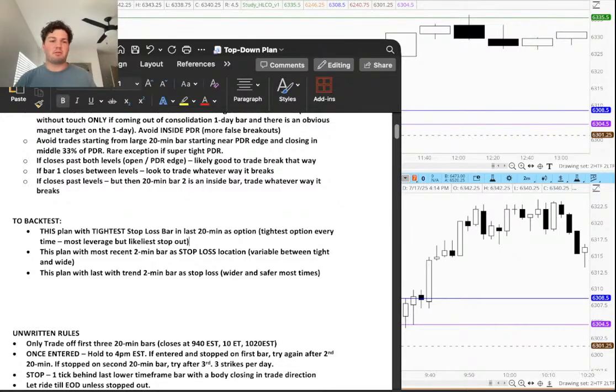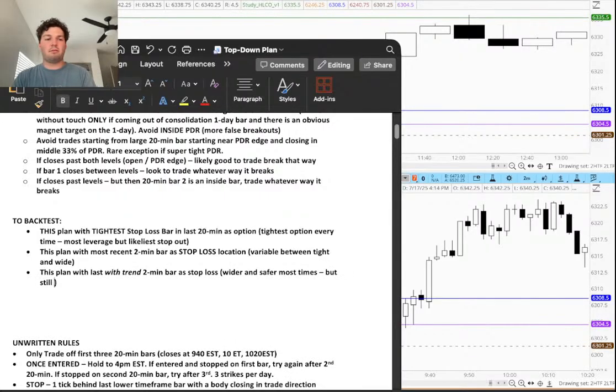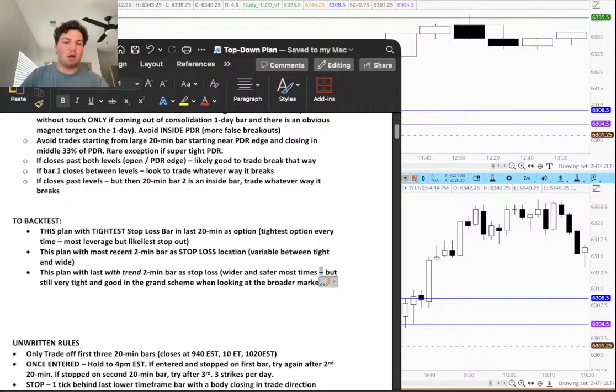Then we also want to do it with the last 2-minute bar as the stop, which is going to be wider and safer most times, but still very tight and good in the grand scheme when looking at the broader market. So that's what we're going to do.